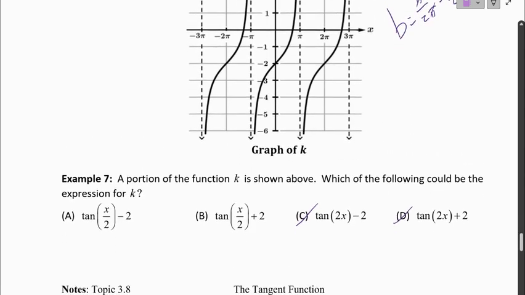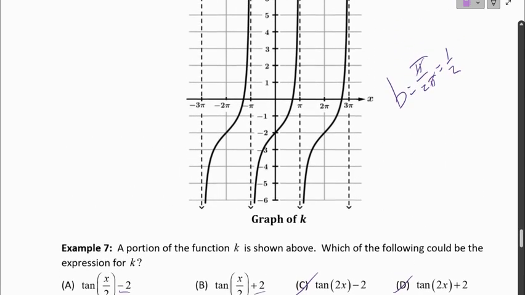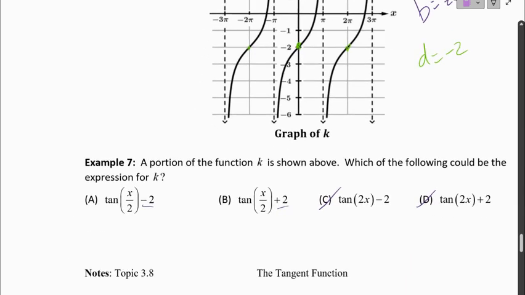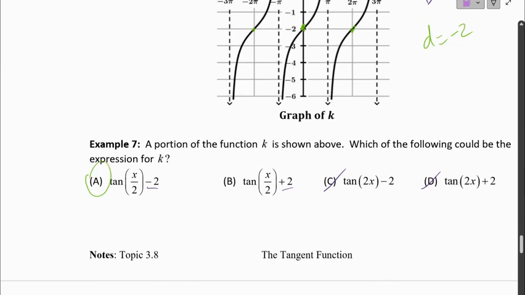So right away, just looking at that, I get rid of answer choices C and D. All right, and the only difference between C and D now is the vertical shift. So now let's look at that vertical shift. I'm looking in the middle between negative pi and pi, which is the y-axis. I see my graph at the y-axis is at -2, which means my midline is at -2. So the answer has to be A. Okay.